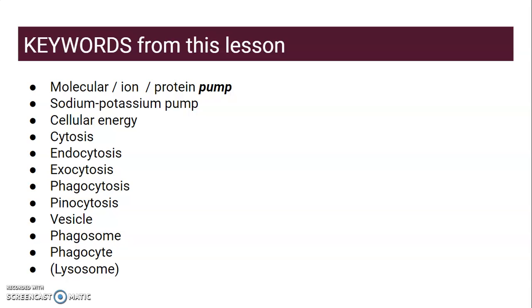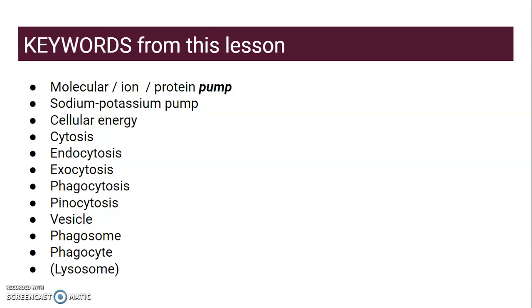Cytosis being broken down into bringing things in, endocytosis, and pushing things out, exocytosis. Endocytosis being split into phagocytosis, or eating, and pinocytosis, pina colada, drinking. Whether this forms a bubble of a liquid, we would call that a vesicle. And whether it forms a bubble containing a solid, such as a bacteria or something else naughty, this would be a phagosome.